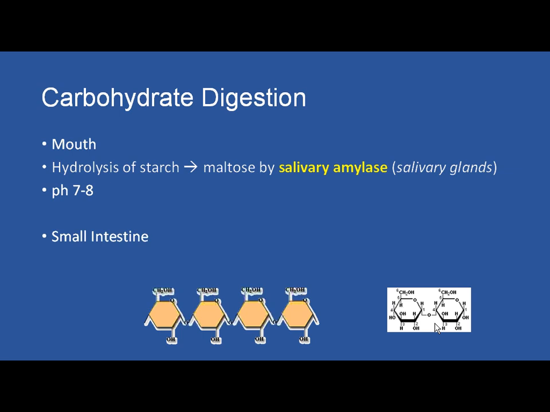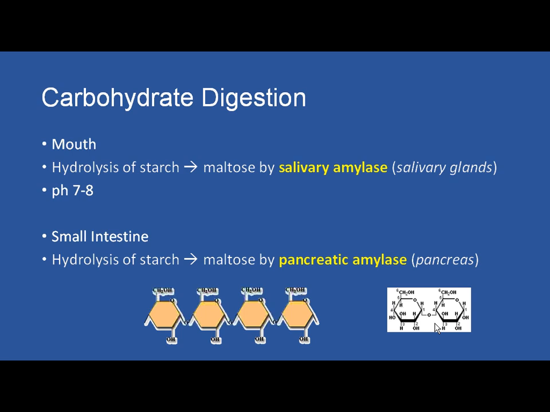In your small intestine, by the time the starch gets there, there's actually nothing in your stomach to break the carbohydrates down. So it passes through undigested in terms of carbohydrate anyway. In the small intestine, you have exactly the same reaction, the hydrolysis of starch down into maltose by something called pancreatic amylase instead of salivary amylase. And the names are kind of nice.